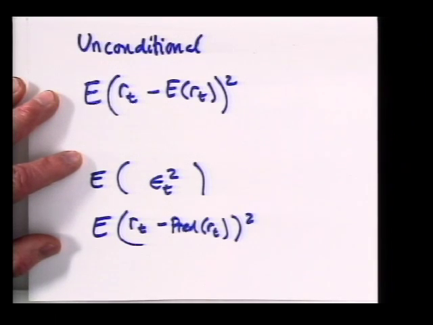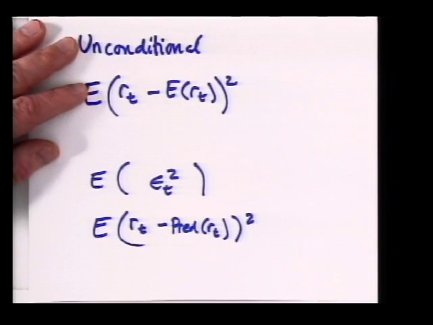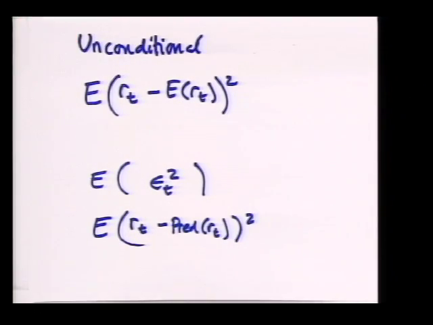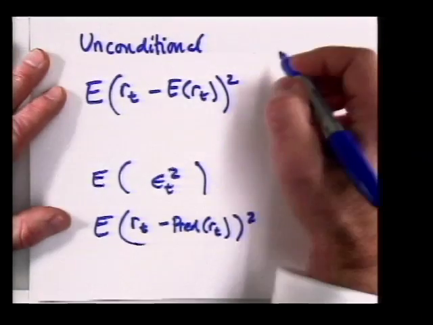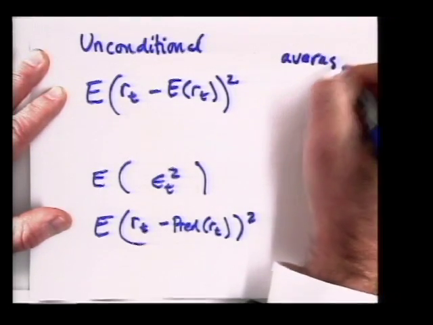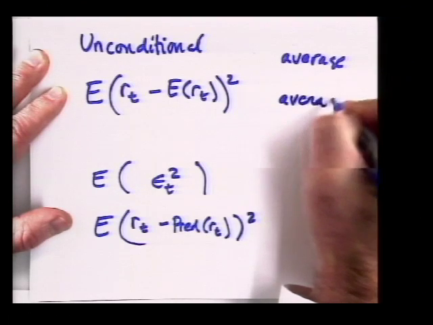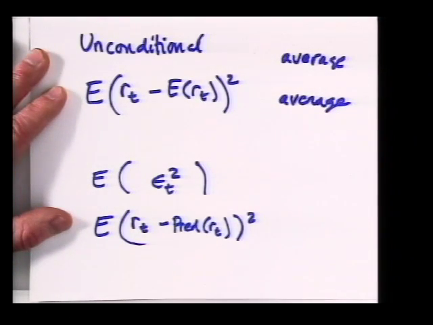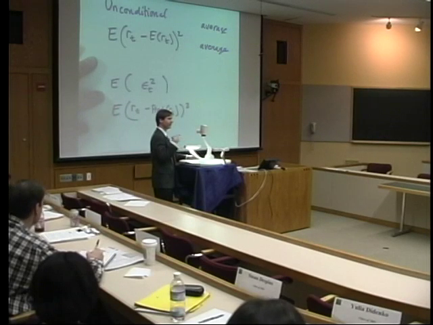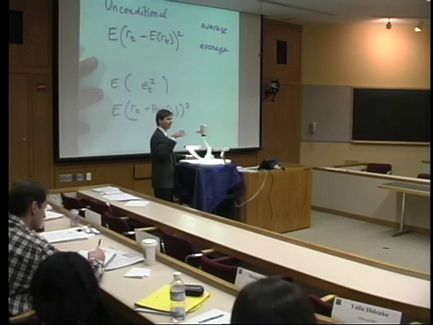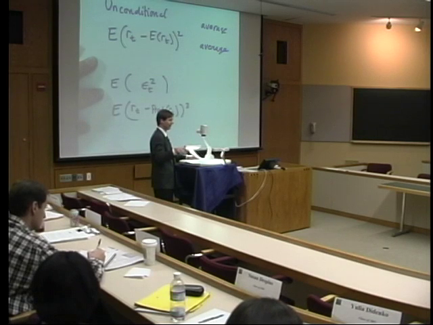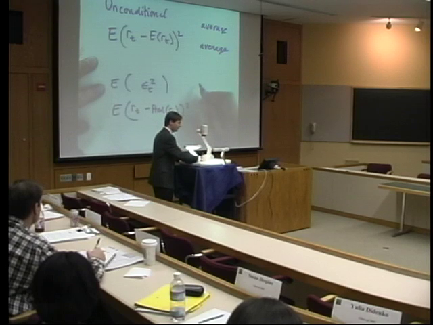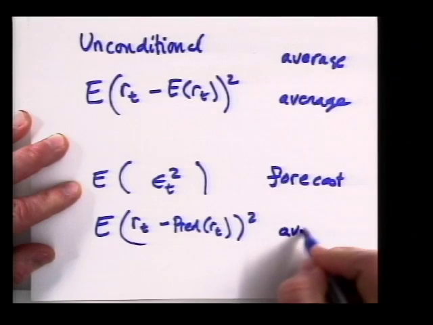So there's two levels of stuff going on here. The unconditional is simply subtract the average, square it, and take the average. That's unconditional. So it's average and average. Two averages going on. For this model, even if there's no detectable forecasting of the variance, we forecast the return, and then we average the squared residuals.